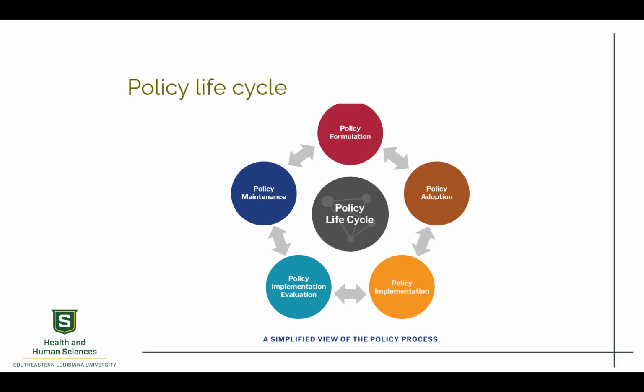So this is a very simplified view of what the policy making cycle is, and it starts with policy formulation. This is the point where you decide what the policy is going to be, and agenda setting happens at this point.